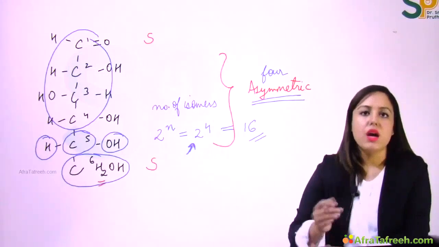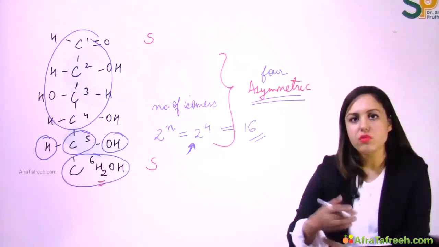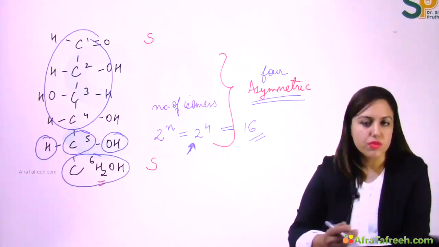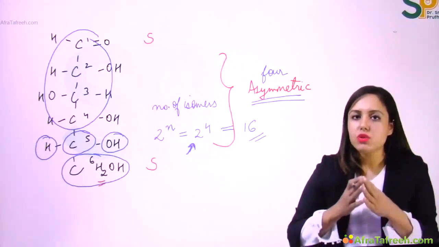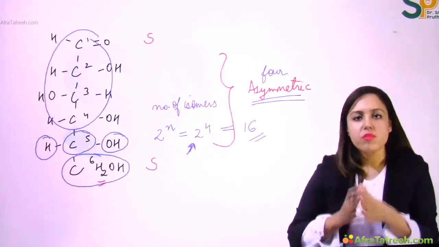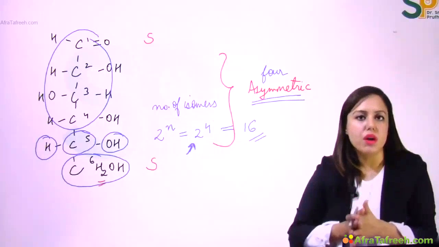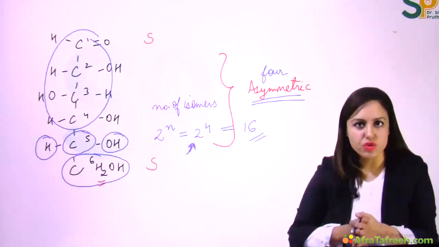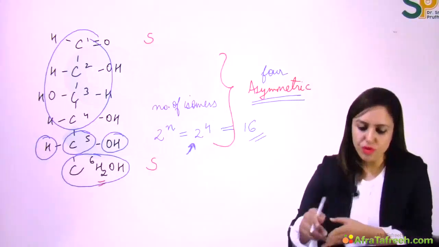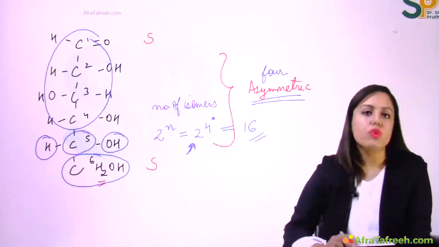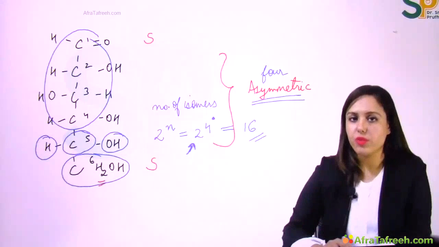I told you in cyclic structure, one more asymmetric carbon is formed, right? But when you use this formula, do not consider the extra asymmetric carbon of cyclic structure, right? Only take the asymmetric carbons of linear structure, so it will be 2 to the power 4 and not 5.